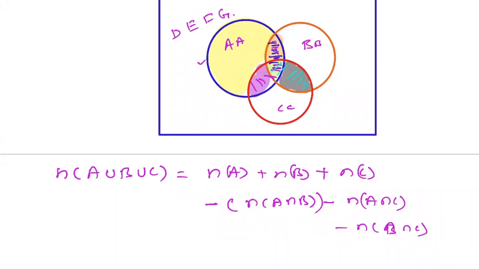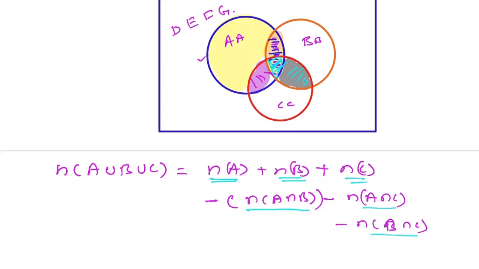Look into this. First we wrote n(A), n(B), n(C), all the terms. Then we subtract A intersection B, B intersection C, and C intersection A. So this one we are subtracting thrice, which means this term is not there, so again we have to add the term A intersection B intersection C. So this is the formula for two A's together or two B's together or two C's together.